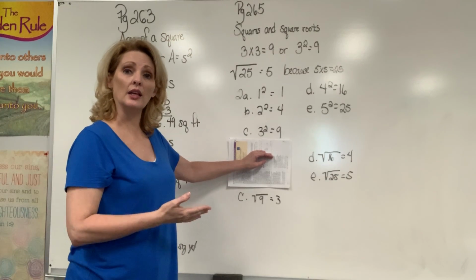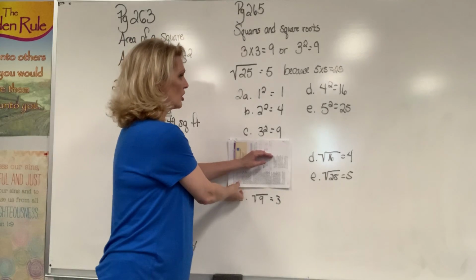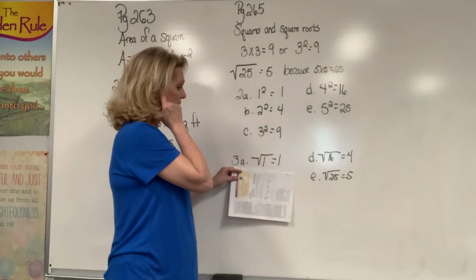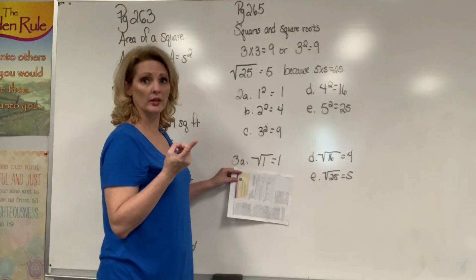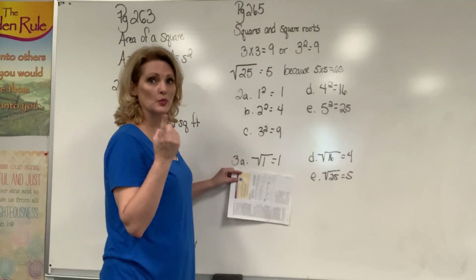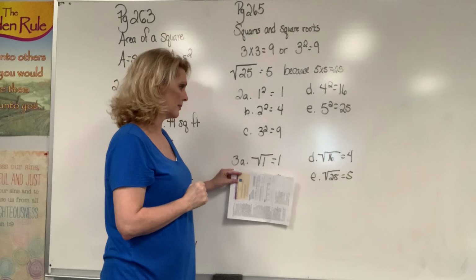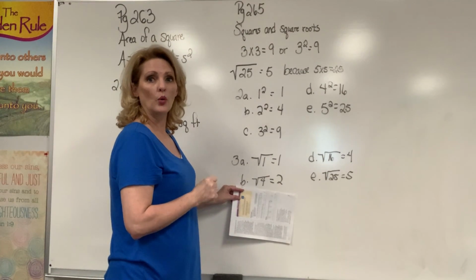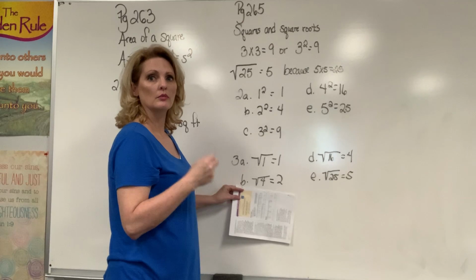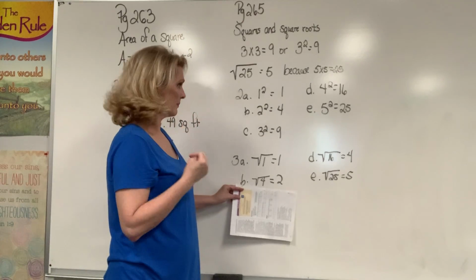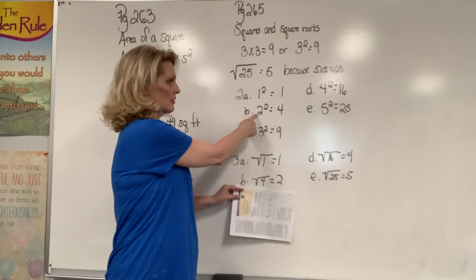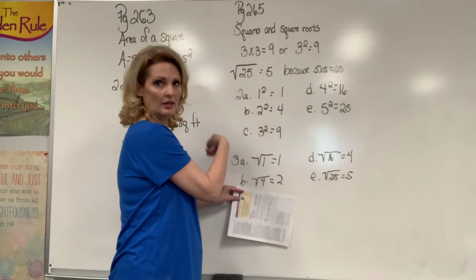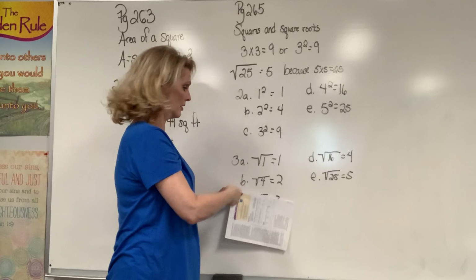Now we're taking the square root, so you're doing the opposite on these. The square root of 1 is 1, because 1 times 1 is 1. That one's easy. B, what would you multiply by itself to get 4? 2. You're doing the opposite of these. Basically, you're taking the answer, putting it in the square root, and that is what you multiply by itself.